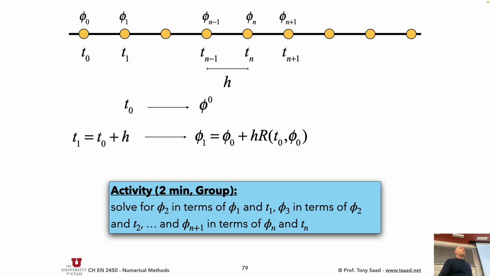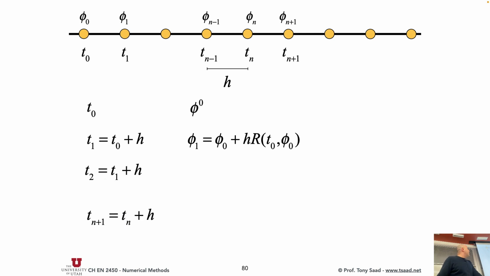Yeah, it'd be φ1 plus h r(t1, φ1). Correct, yeah. So φ2 at time t2 equal t1 plus h, or t1 plus Δt, is equal to φ1, the previous value, right? We're building this recursively. φ1 plus h times r at t1 and φ1.